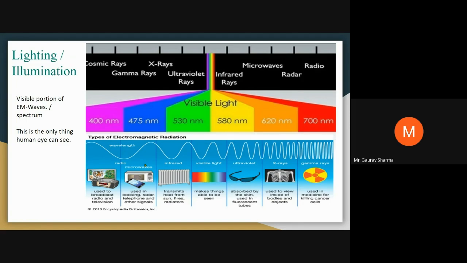Especially if we talk about cooking something in the oven, microwave, or the radiation for the mobile network. So it all depends on the wavelength and all the other things, but we are particularly concerned about this visible part of the light, that is in between 400 to 700 nanometers. Okay, so that is our concern, that is our matter of study.